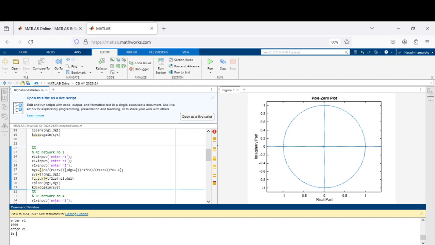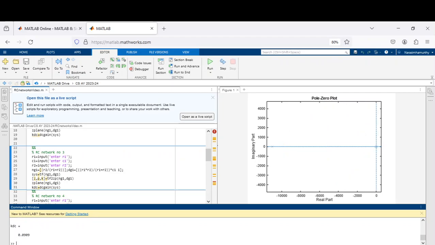Let us give the value of R2 as maybe 100 ohm. So it's like 100 by 1100. How much is 100 by 1000? You just verify, is it not 0.09? So it's like 1 by 1.1.